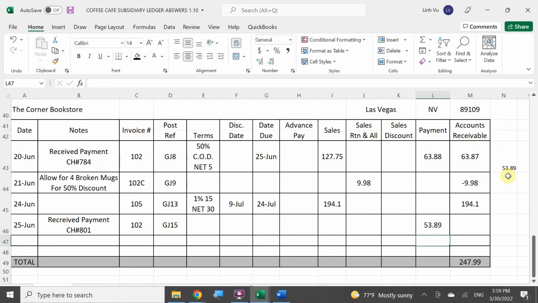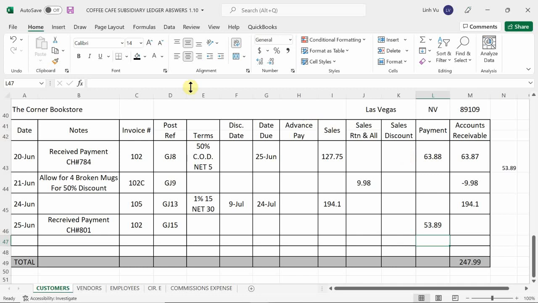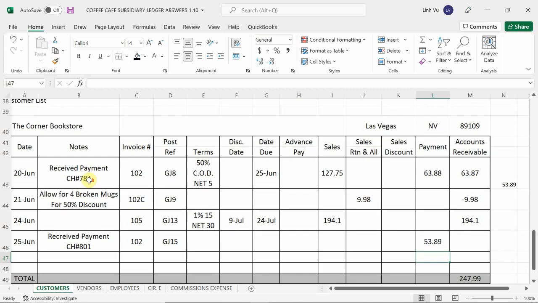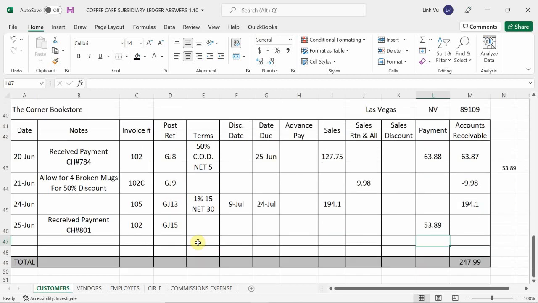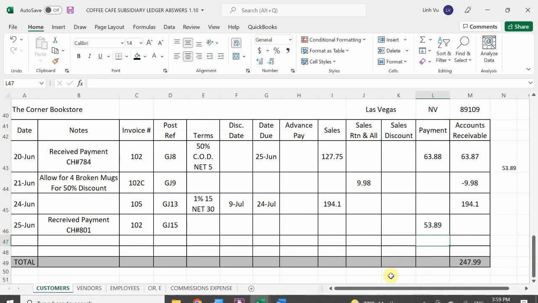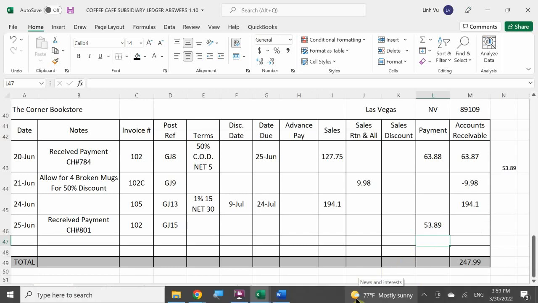Now, if you look on the side here, right, invoice number 102, right, they originally purchased from me for $63.88, but we end up cracking, what is it, 4 of those mugs along the way, and end up giving them a refund for the $9.98. So they do indeed owe us $53.89, right?